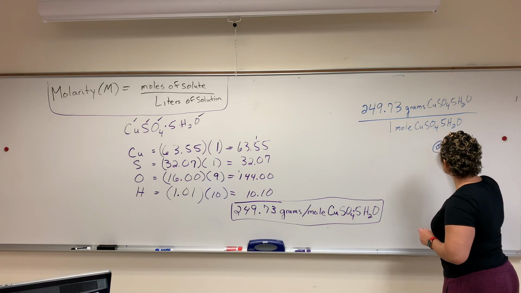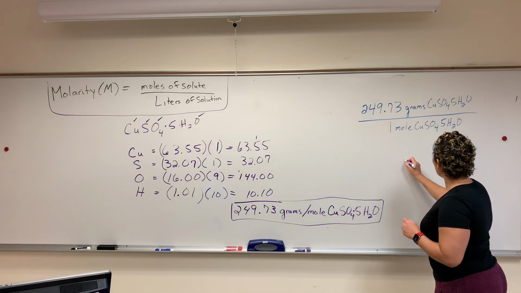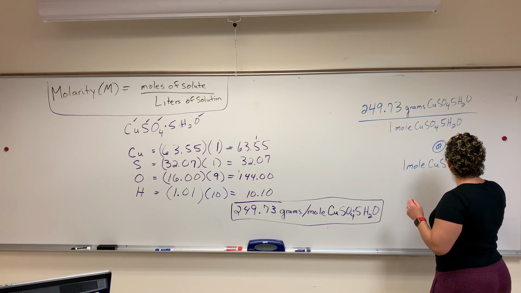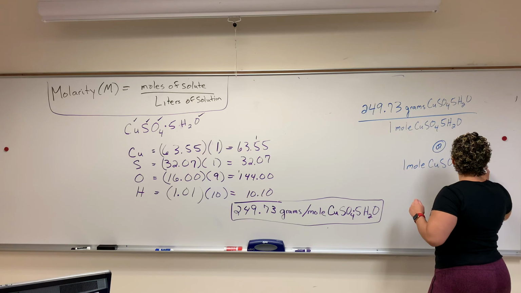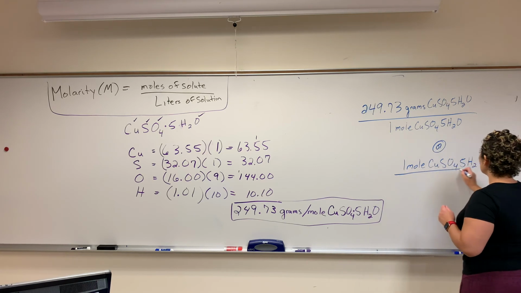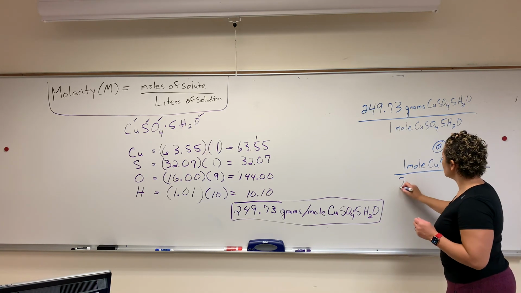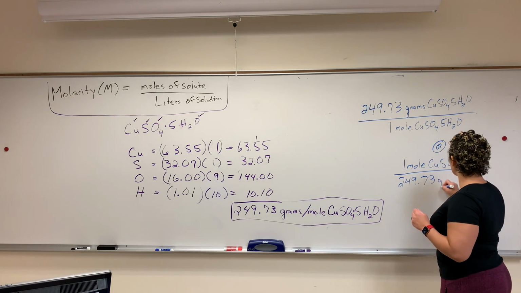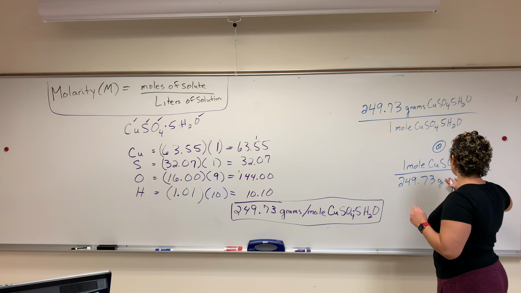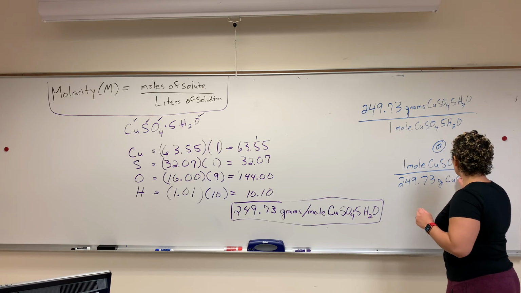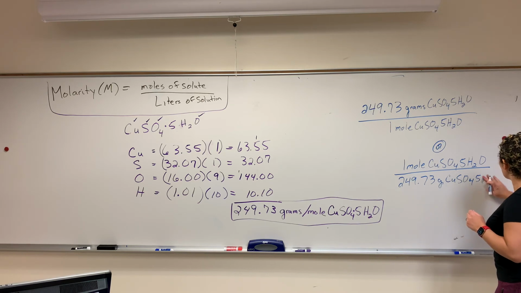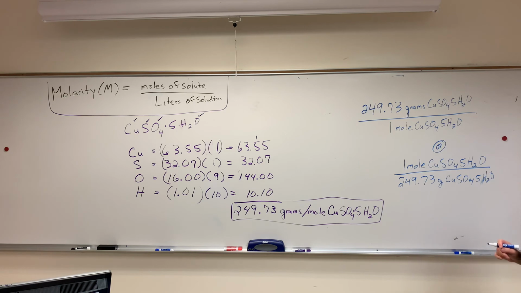Sometimes it could be 1 mole of CuSO4·5H2O is equivalent to 249.73 grams of CuSO4·5H2O.